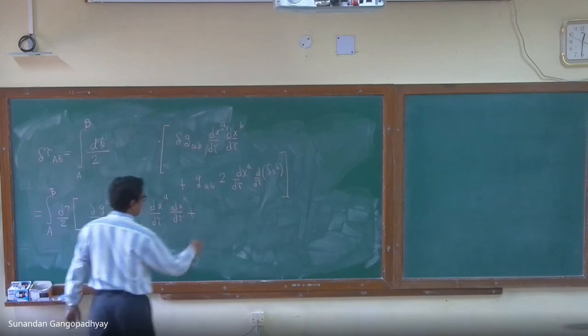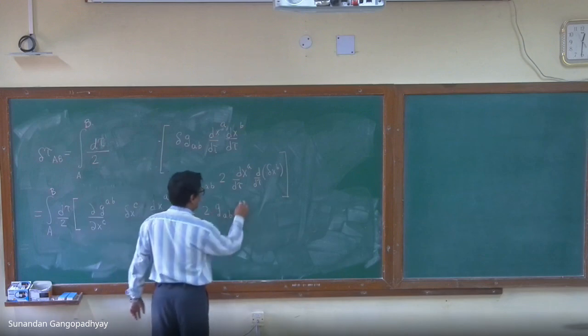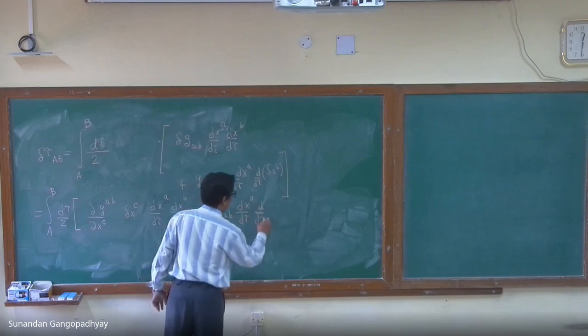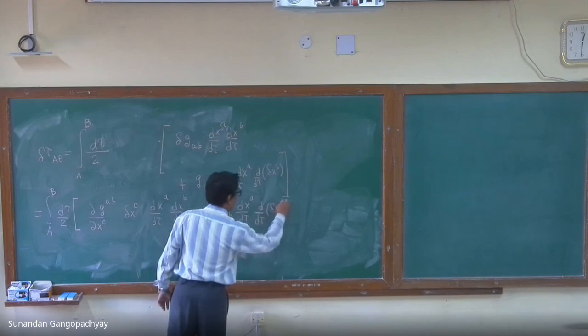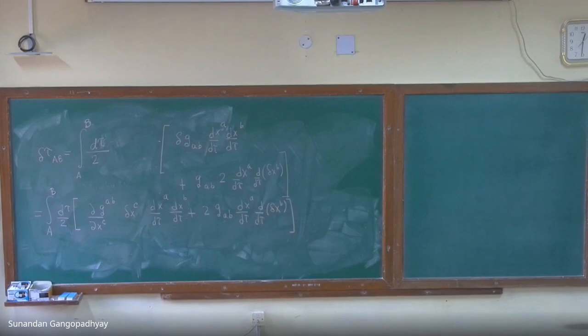Plus twice GAB delta XC, del C GAB dXA dXB delta XC.